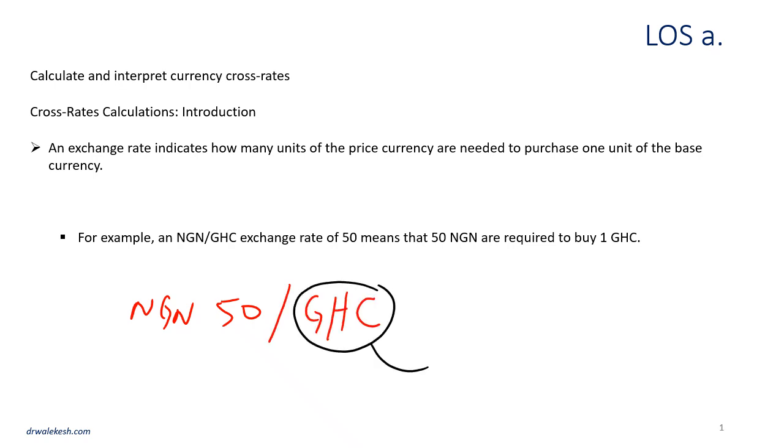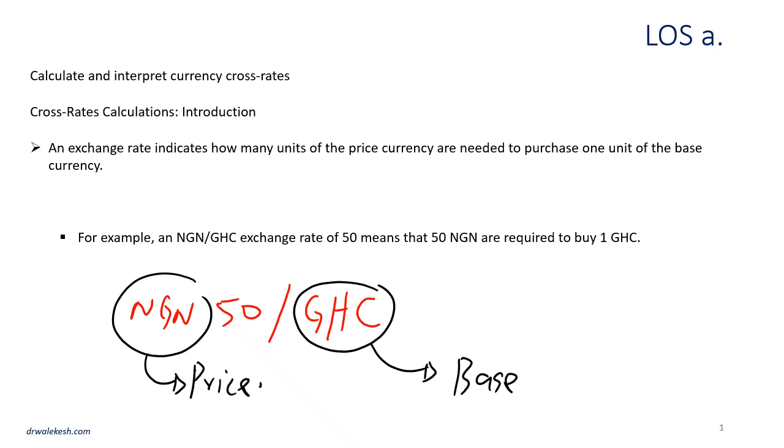This Ghanaian cedis here is the base currency, and this Nigerian naira here is the price currency. To purchase 1 unit of the base currency, in this case it is Ghanaian cedis, you need 50 units of the Nigerian naira.